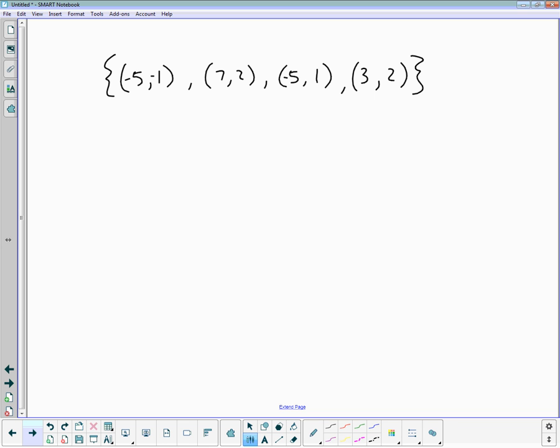Now I have a problem because -5 is going to 1 and it's going to -1. That's not good. If it was (-5, 1) and (-5, 1), then it would be a function because I'm not repeating.